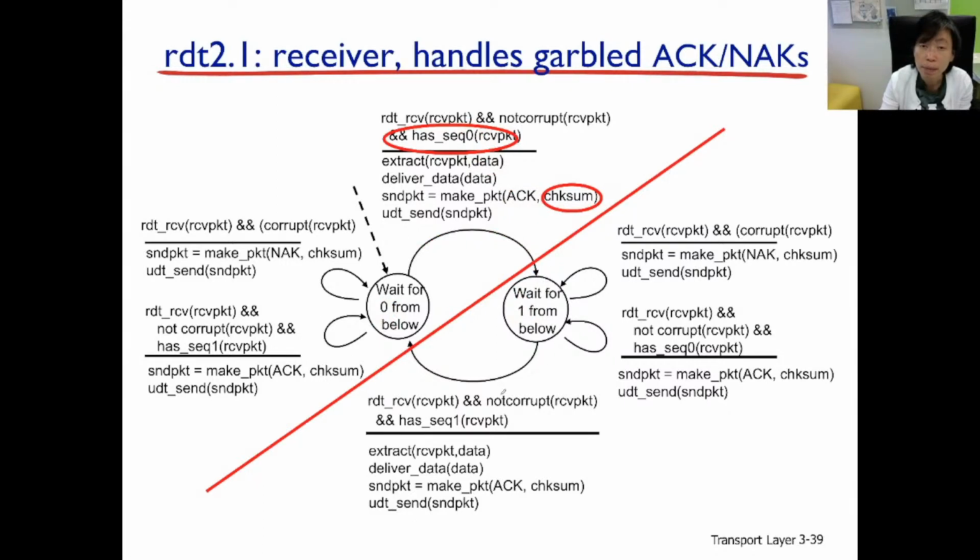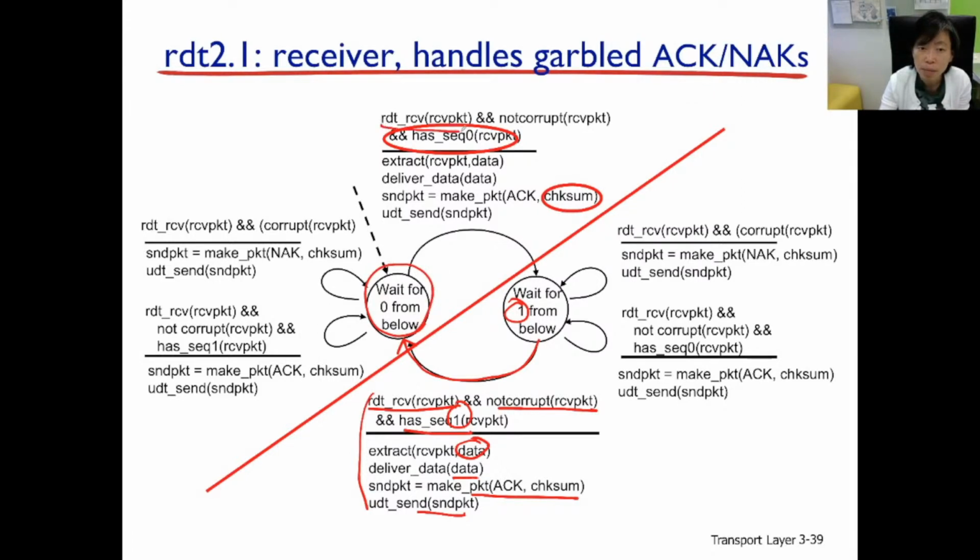Similarly, we'll be getting a packet from below, not corrupted, and carrying the expected sequence number 1. Cool, happy again. Extract data out of the packet, pass it up to the application layer, generate an ACK with checksum, send it back. Upon finishing all these actions, we take the transition, and the receiver goes back to wait for 0 from below.